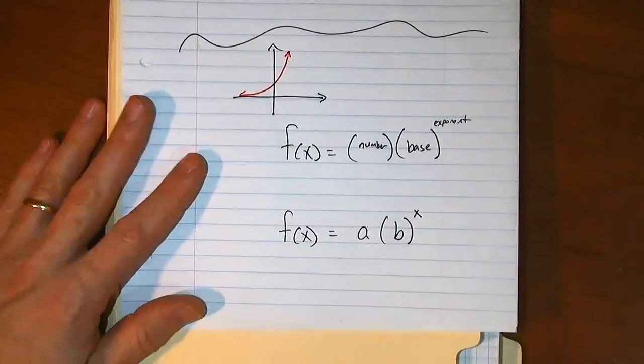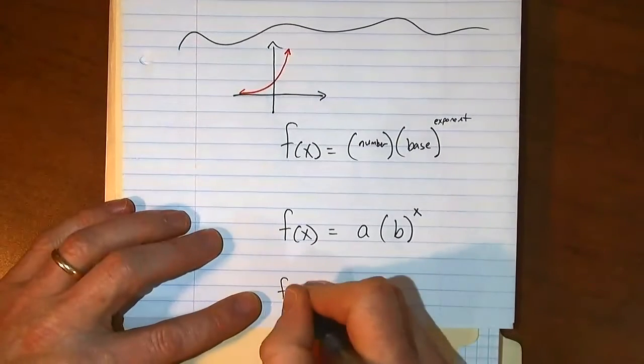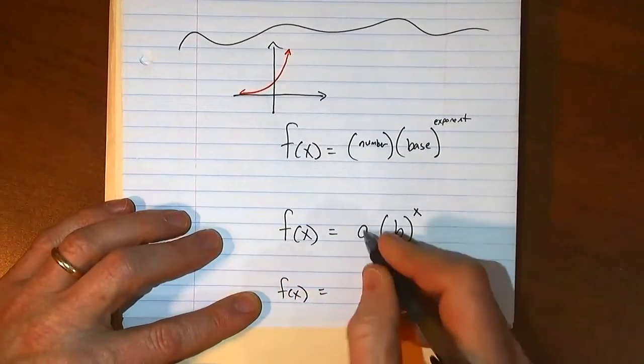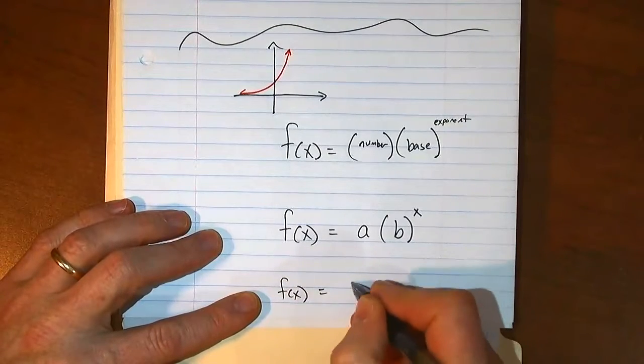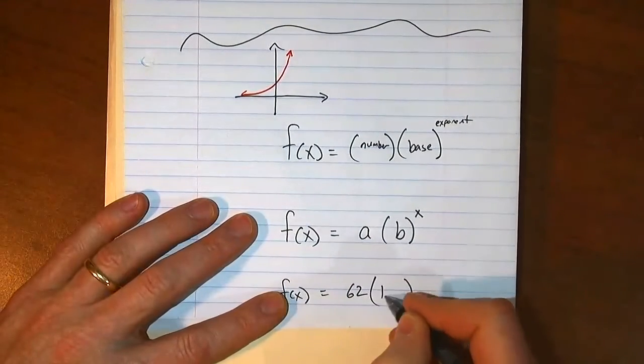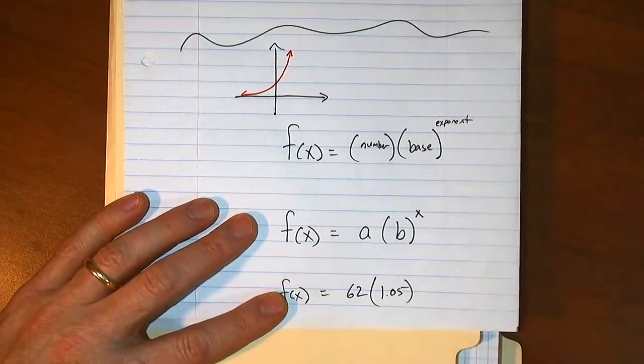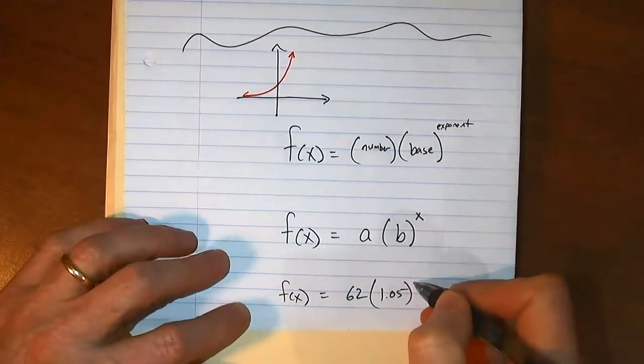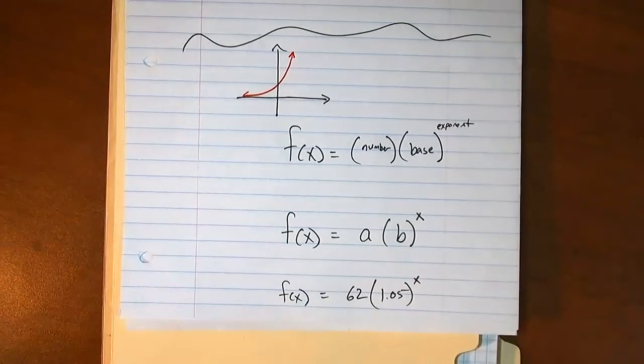Okay, so if I wanted a very specific example, maybe a is the number 62, just making up a number there. Maybe b is the number 1.05. Again, I'm just making up a number. And then my exponent would be my variable, in this case, x.